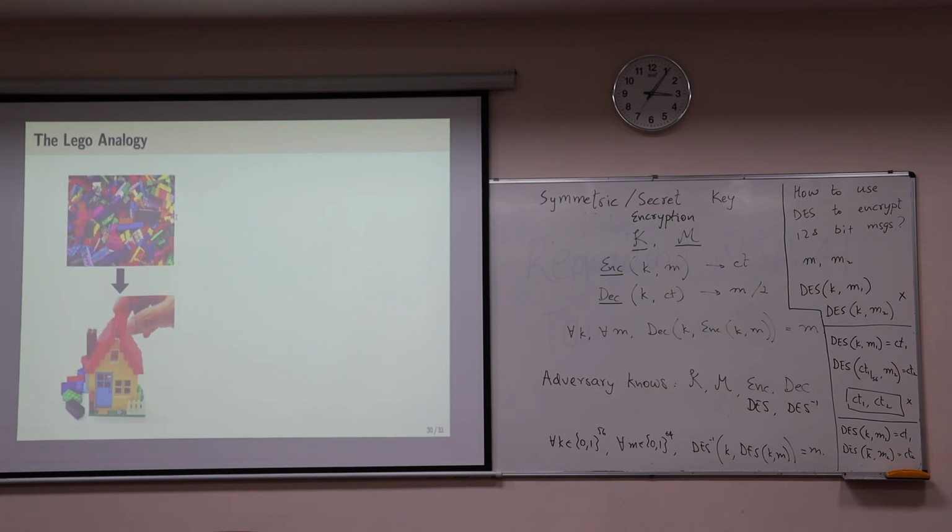A nice analogy was given by Mihir Bellare. It's the Lego analogy. Has anyone played with Lego blocks? You can build fancy structures using these blocks, but there are only very specific ways in which you can combine them. In crypto, it's very similar.